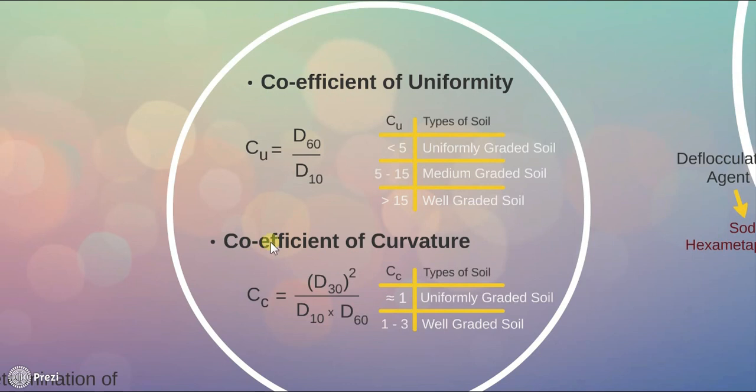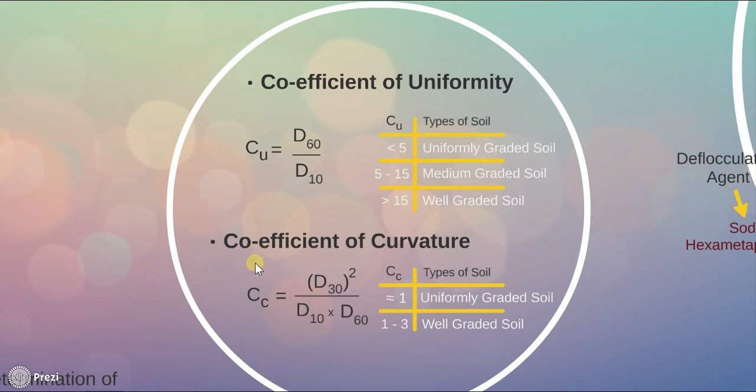Let us understand coefficient of curvature. It is nothing but a factor representing the shape of particle size curve, and formula of Cc = D30² / (D10 × D60).